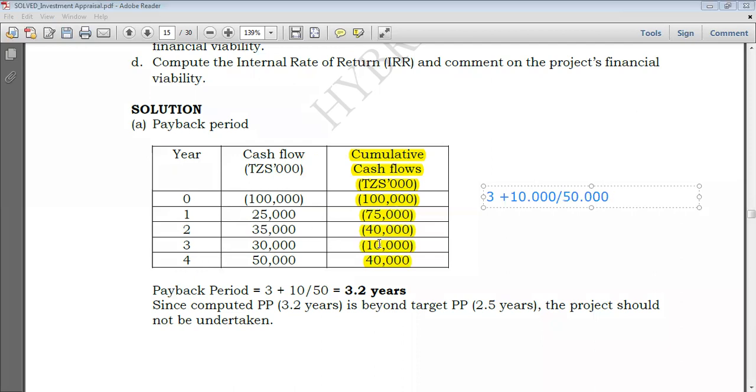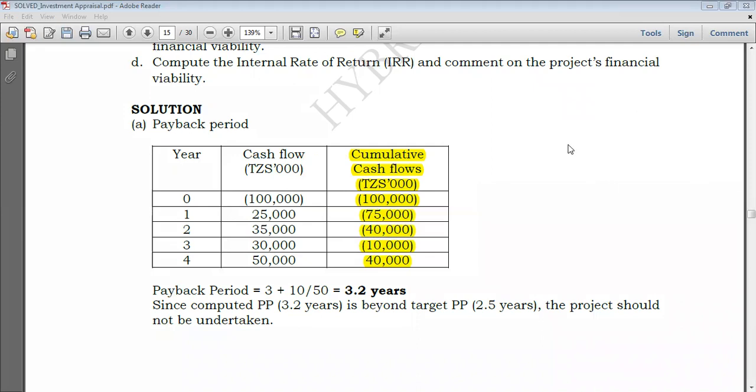You just come to the year just before cash flows change sign to positive, which is year 3. You add this figure, taking it as positive, over this figure here, because 40,000 minus negative 10,000 equals 50,000. No need to hustle. You'll have your 3.2 years, and you'll have your payback period ready.